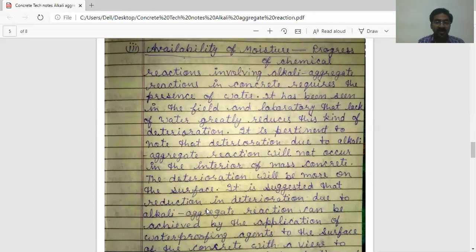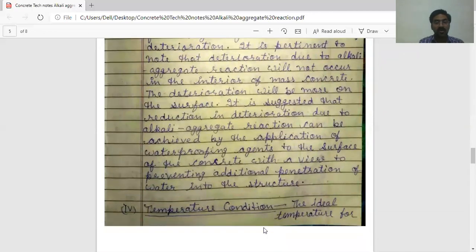It is suggested that reduction in deterioration due to alkali aggregate reaction can be achieved by the application of a waterproofing agent to the surface of the concrete with a view to preventing additional penetration of water into the structure. So, due to preventing penetration of water, the water is less available, so alkali aggregate reaction is less.